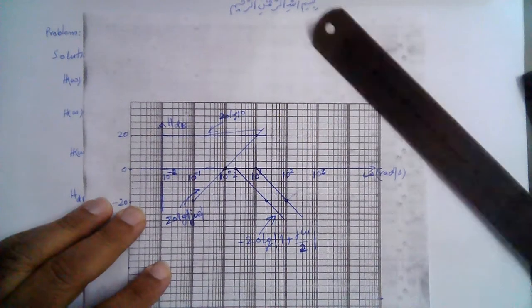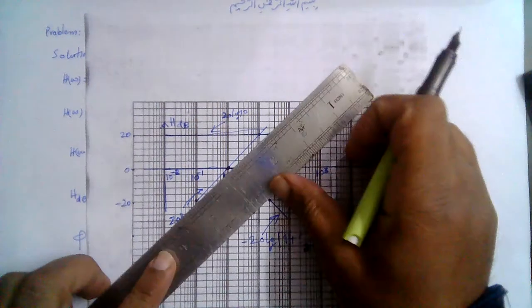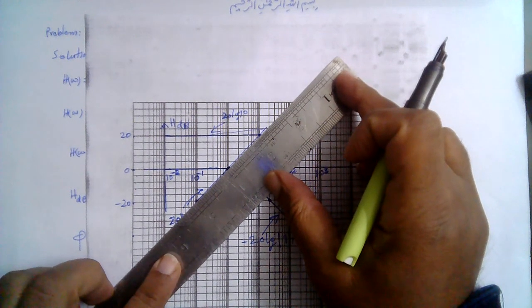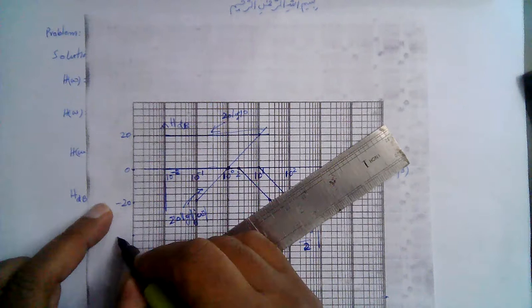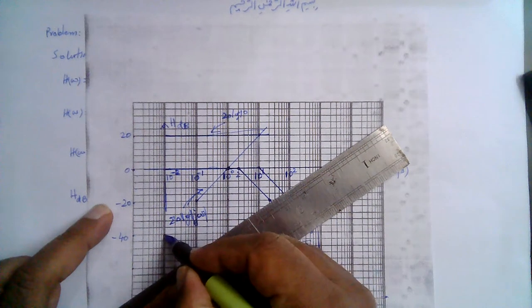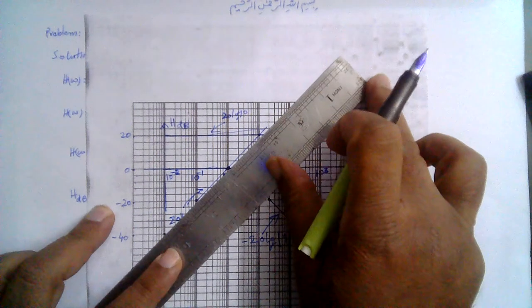If we extend this line, this is minus 20 dB here, and here it will be minus 40, and at this point it extends to this line here, right?